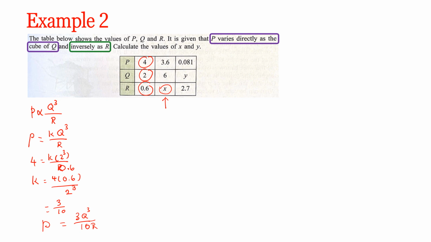So you can write, when p equal to 3.6, q equal to 6, and r equal to s, you substitute these three values into the equation. So now your p is 3.6, then your q is 6 to the power of 3, and then your r is s.